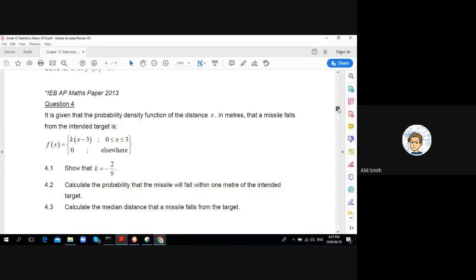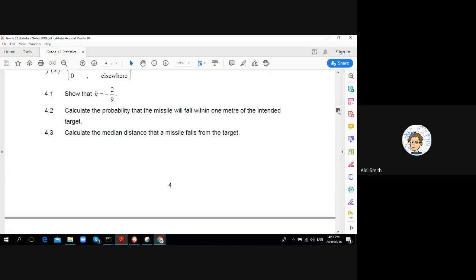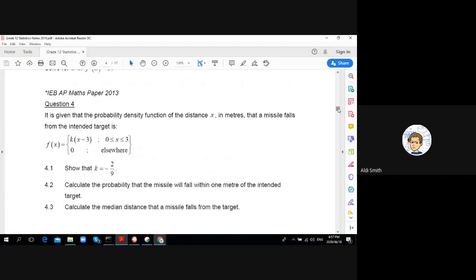So I think you'll see that once you've done a few of these ones, it's really not that complicated. It really, really isn't. The only thing you have to remember here is there's a very, very distinct difference between a probability mass function and a probability density function.